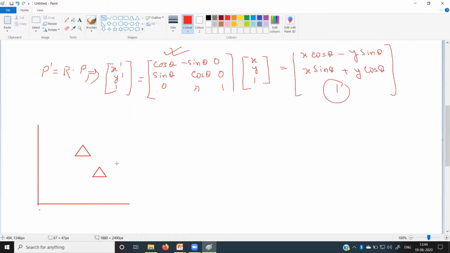So it should be very clear that the rotation matrix which we derived performs the rotation operation with respect to origin. So while you are rotating any object based on some angle, you have to make sure that you are rotating that object with respect to origin.